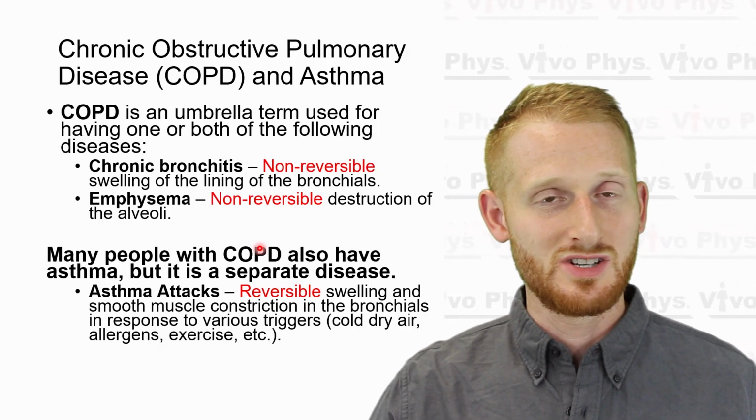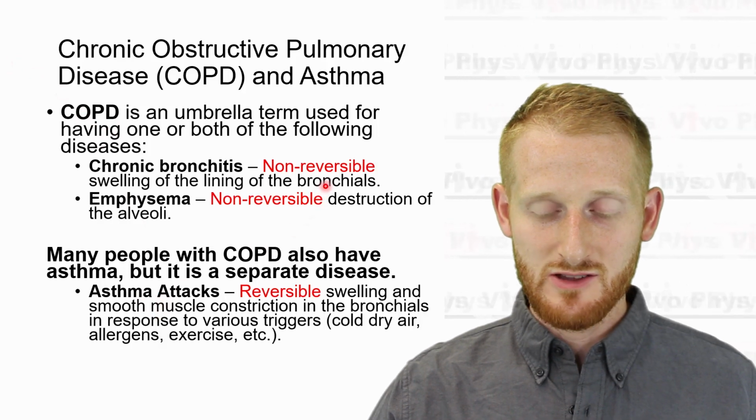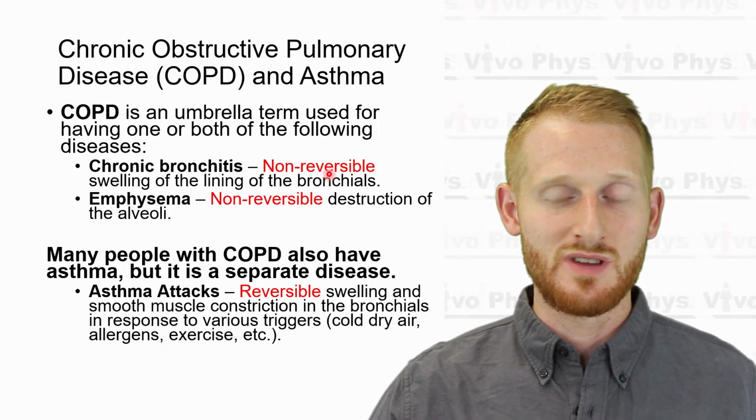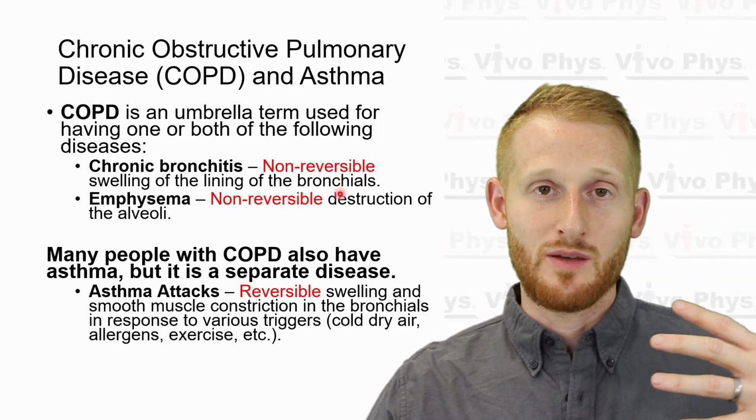So, an important distinction between COPD and asthma is that COPD is non-reversible, which means if you do something to treat it, you're not really going to make the problem better.